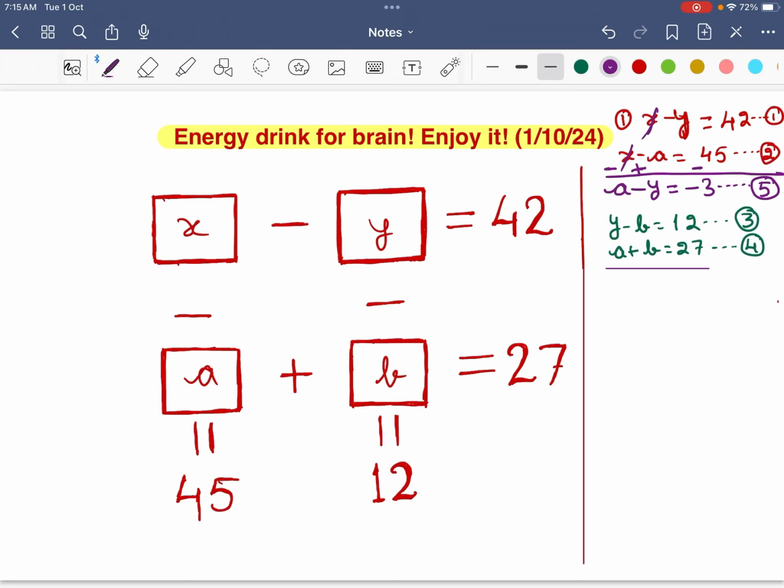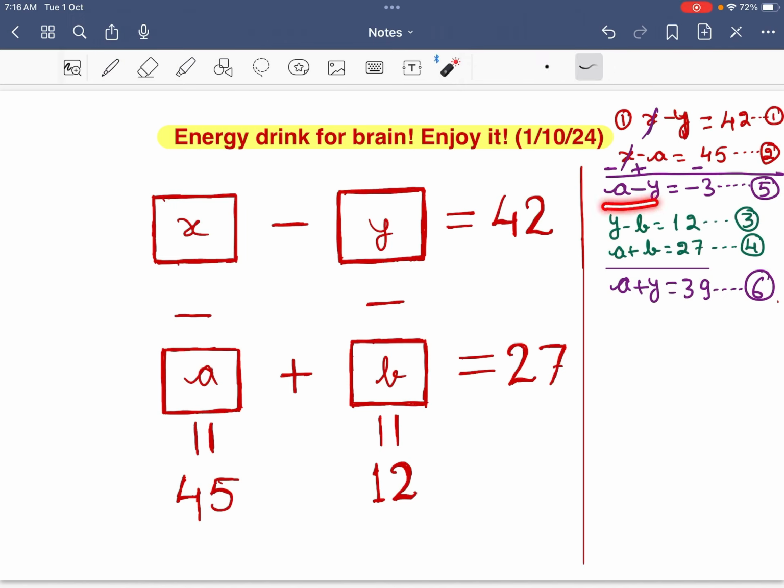So by adding, a plus y is equal to, as we are adding, signs will be same. So here 12 plus 27 we have to do, 2 plus 7, 9 and 2 plus 1, 3. This is equation 6, right?